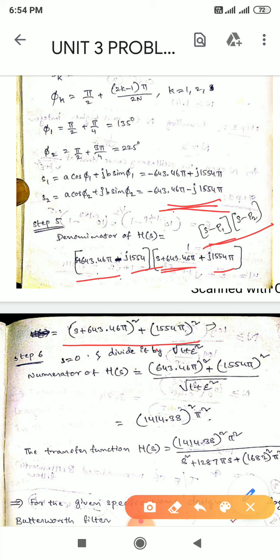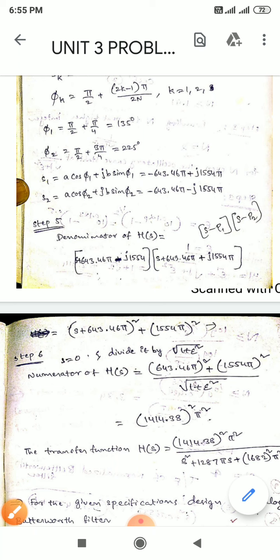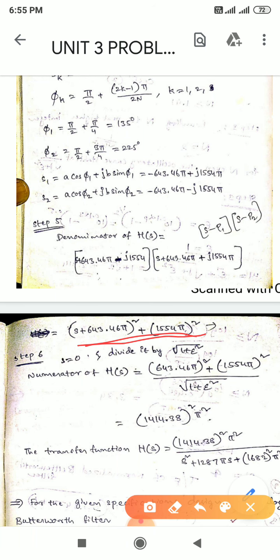Here this is the a square, minus b square, j square value is what? Minus 1, minus into minus plus, plus 1554 pi whole square. This is the denominator polynomial of H of s.